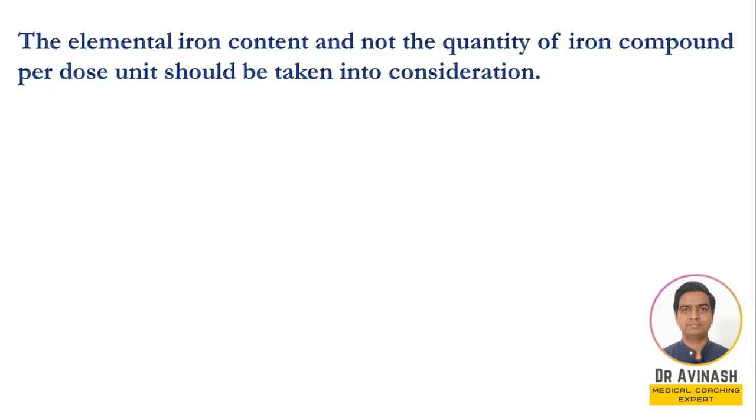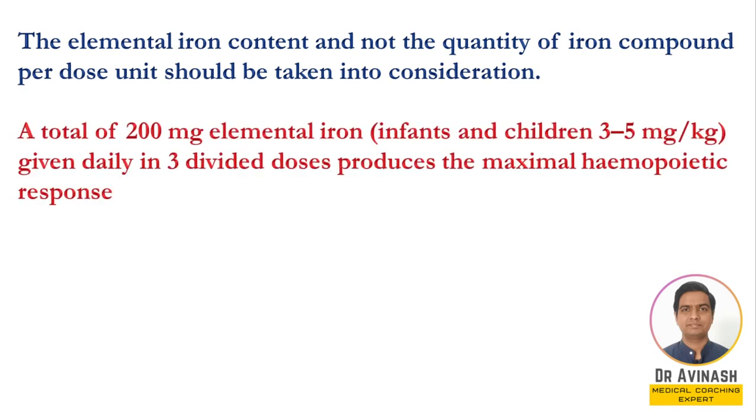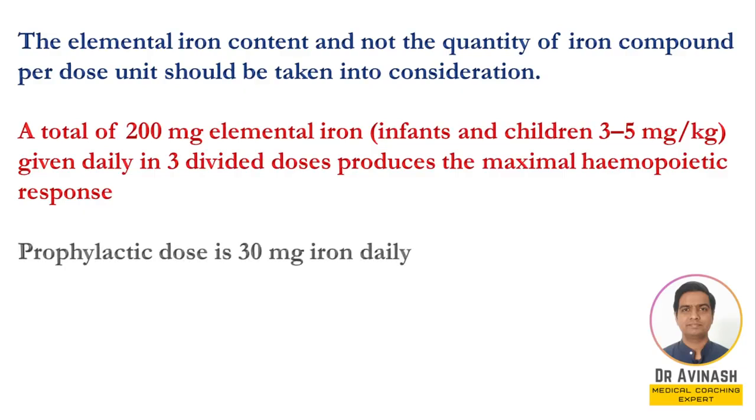Easy. Now, the elemental iron content is important in the tablet that you are giving. It's not the quantity of iron compound per dose. How much elemental iron will be available? That is supposed to be taken into consideration. A total of 200 mg elemental iron given in 3 divided doses will give you the best RBC producing response. 200 mg per day, 3 divided doses. 200 divided by 3 doses comes to around 70 mg.